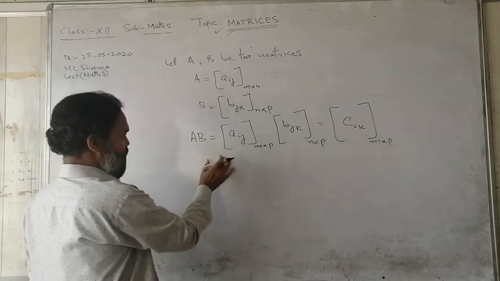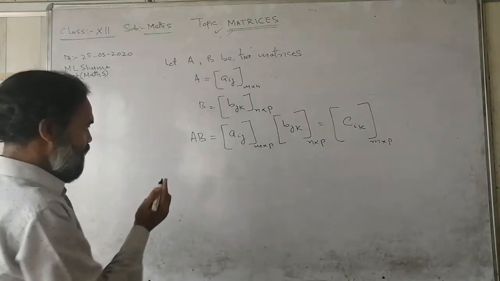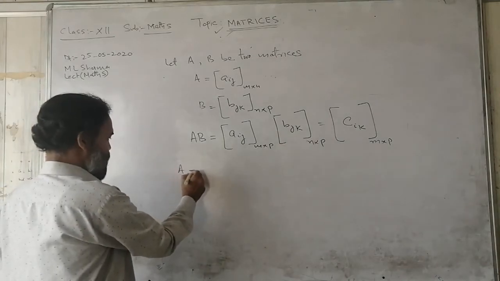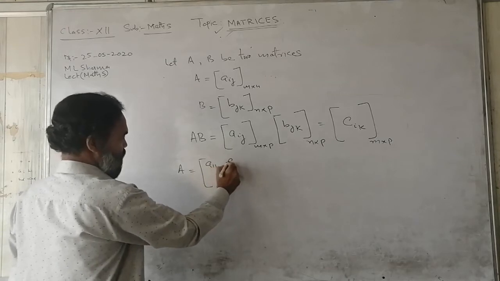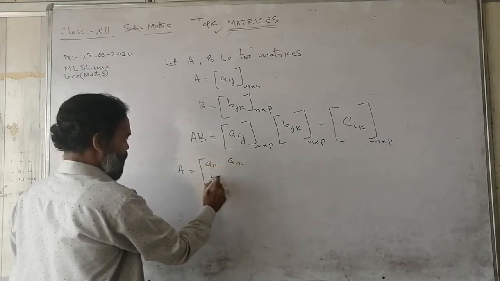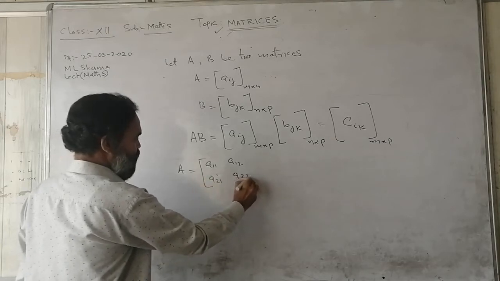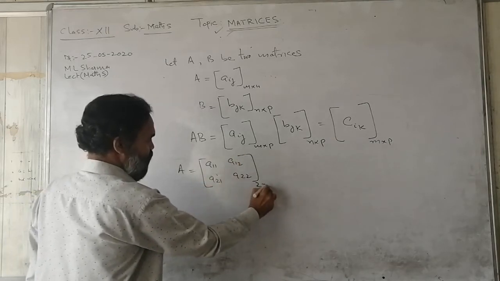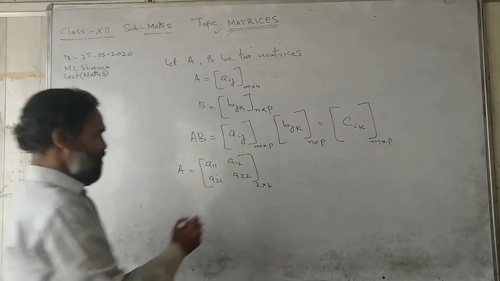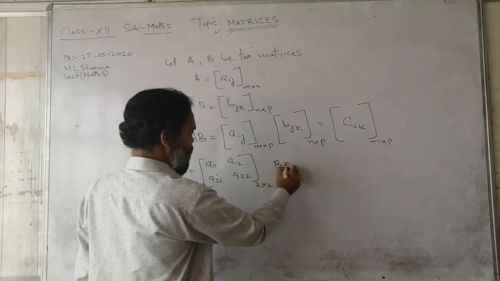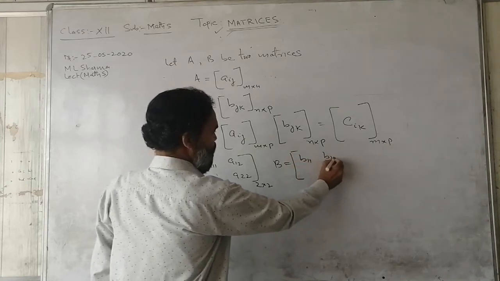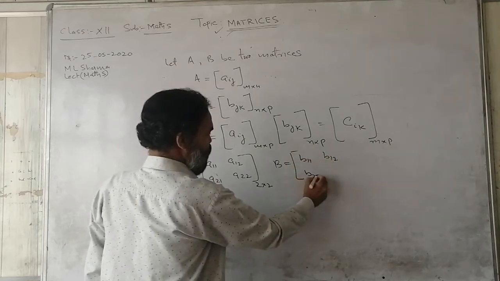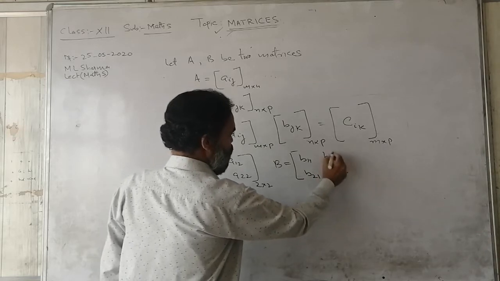So let me take an example. Suppose A is A11, A12, A21, A22. This is a 2 by 2 matrix. So I take matrix B as B11, B12, B21, B22.